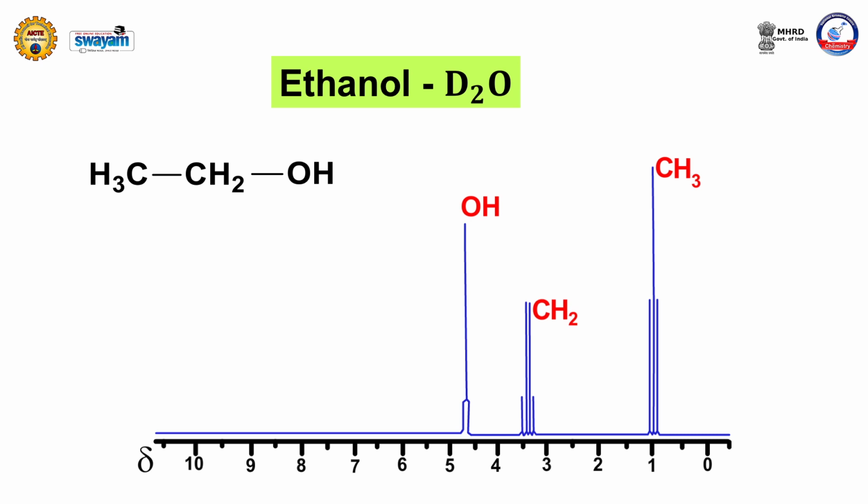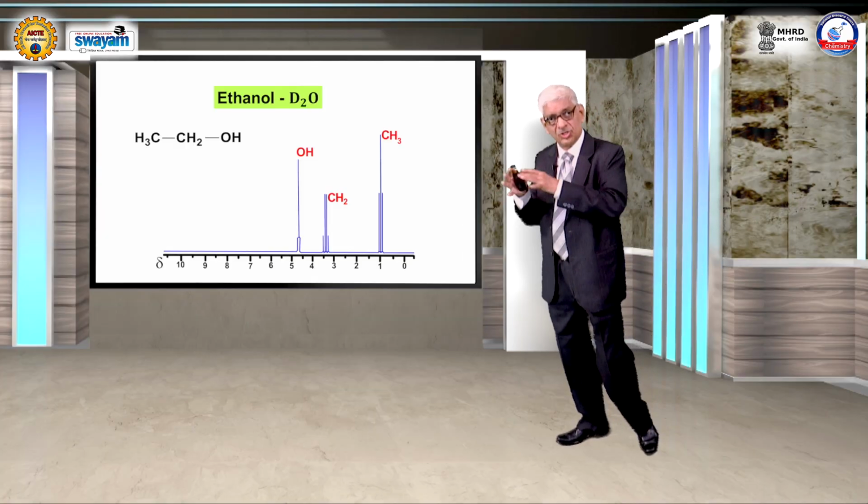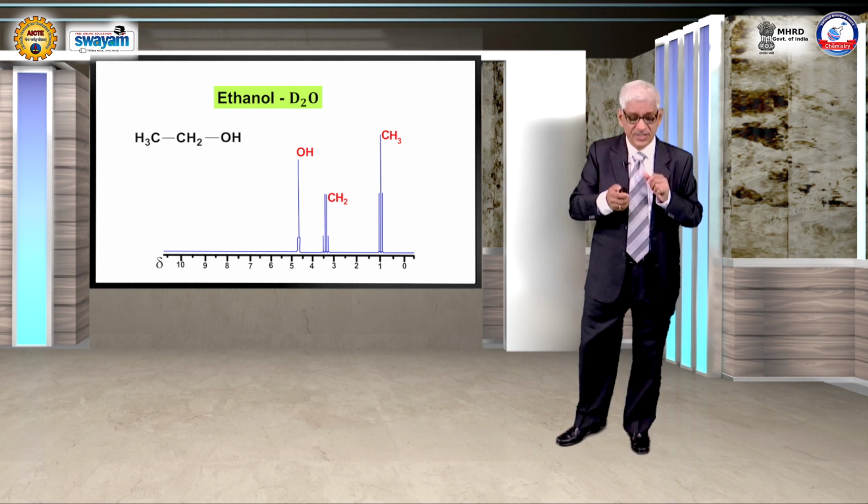The OH proton will be coupled to the CH2 proton, and that will also be split into 3, but however the separation is too small, and therefore you see a triplet, but the other intensities appear slightly smaller than the other. But this is to illustrate how the chemical shifts and the coupling constants tell you about the molecular structure you have in your system.